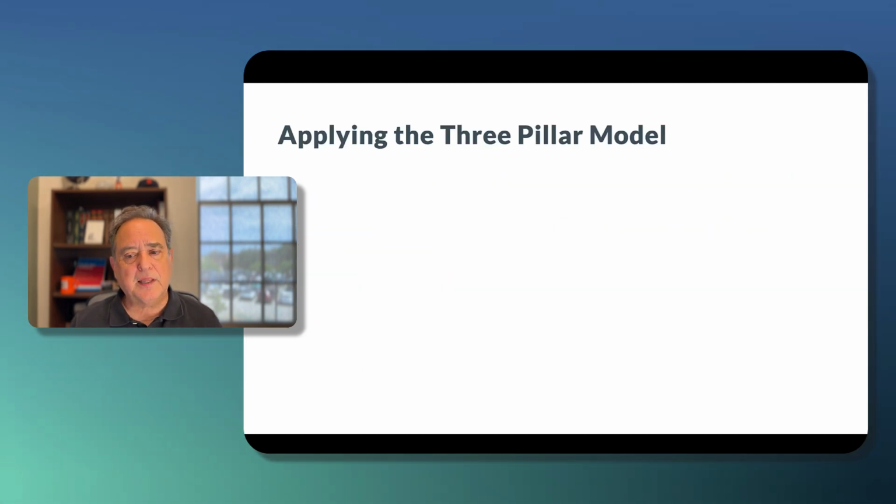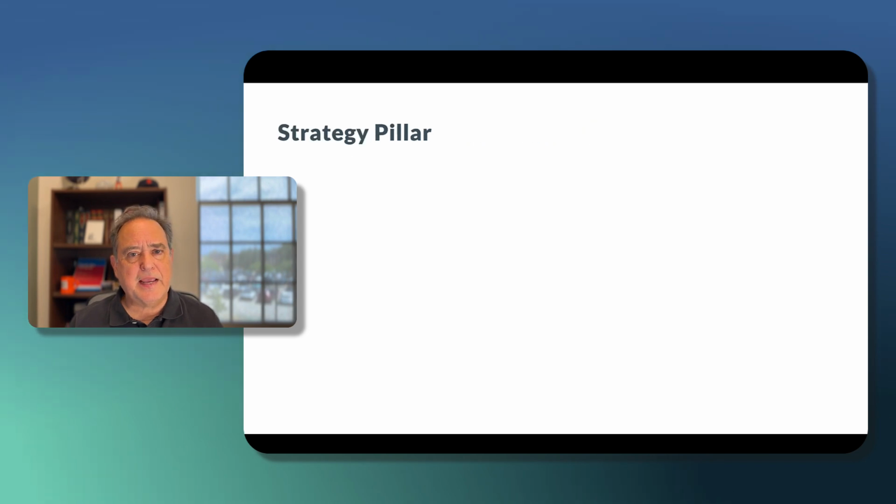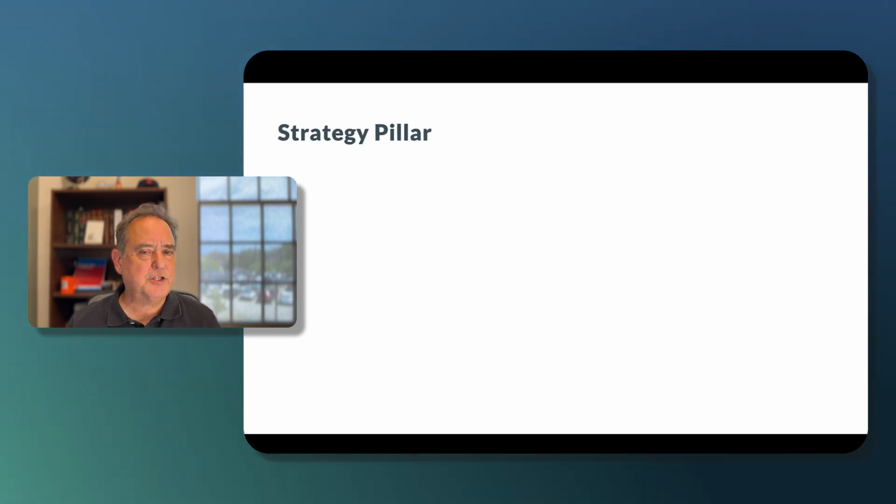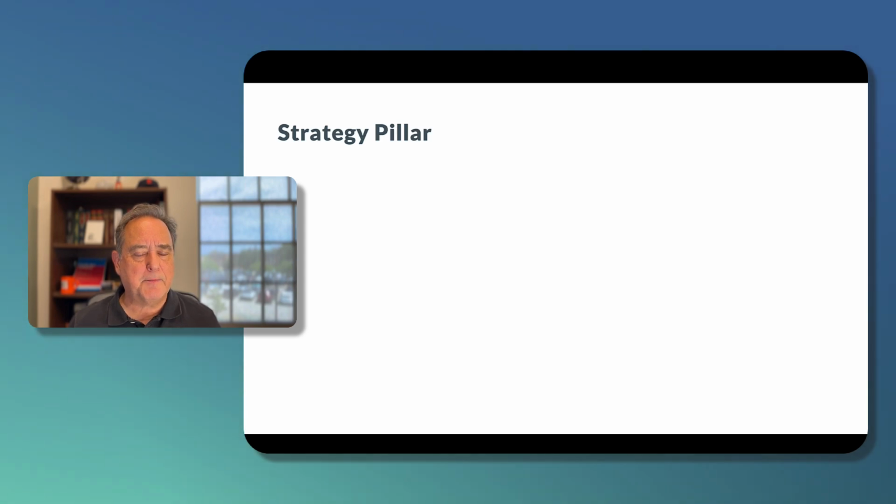And so we apply the three-pillar method. Remember the three-pillar method: strategy, law, and ethics. And we begin by looking at the strategy pillar. Now, when it comes to strategy, remember this is about making a decision that will increase the company's value.